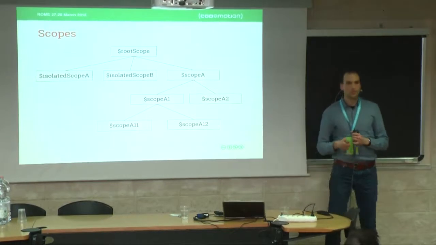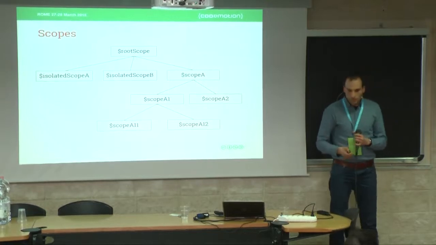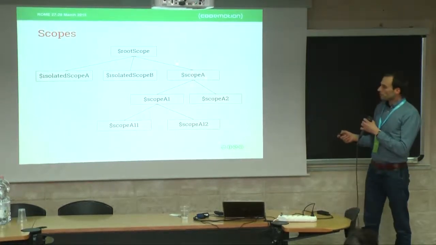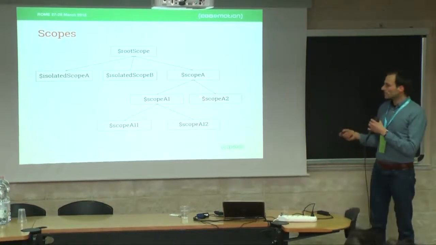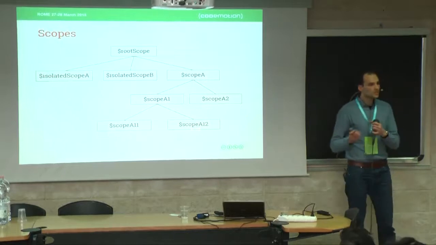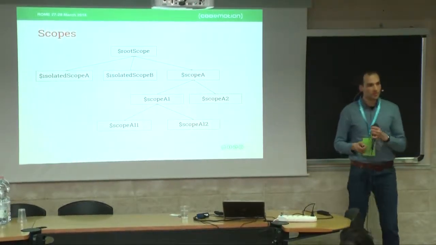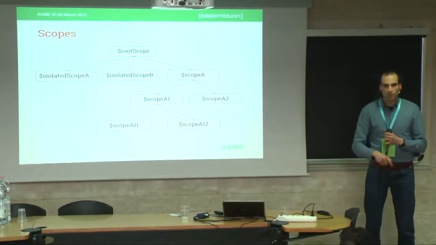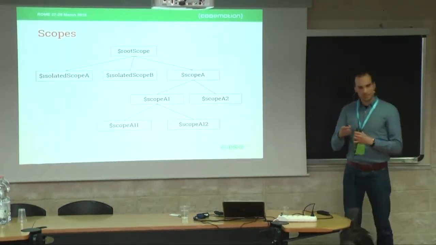And by default, these children are created with so-called prototypical inheritance from JavaScript, which means that if in scope A you have some method, then you could access this method maybe in scope A12, although this method is defined here. This is how default prototypical inheritance works. I'm not going to tell more about this, but we can discuss it afterwards.